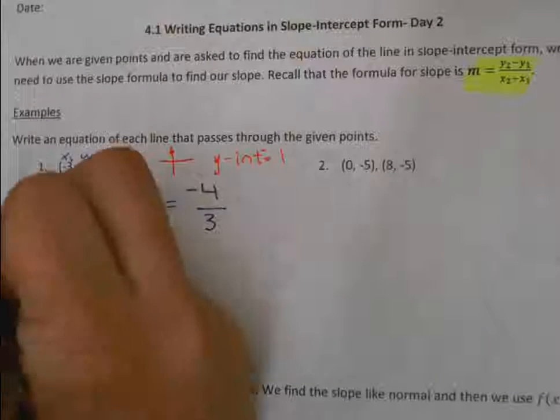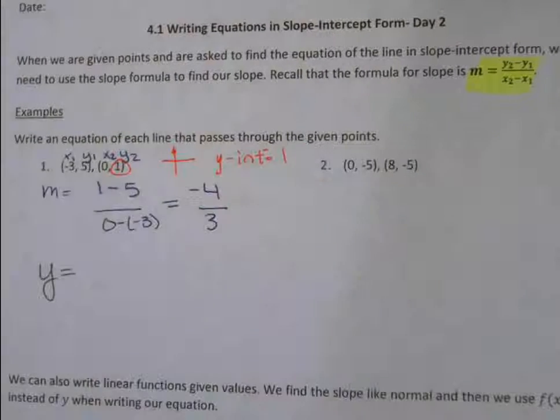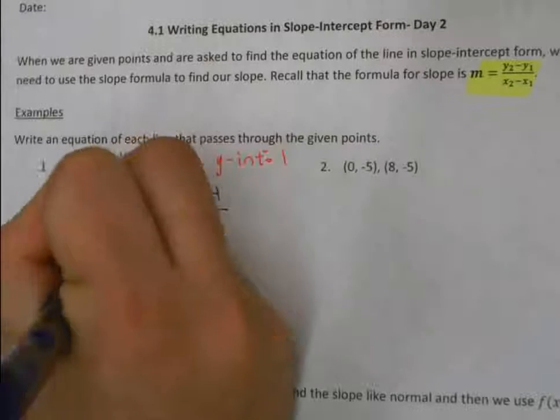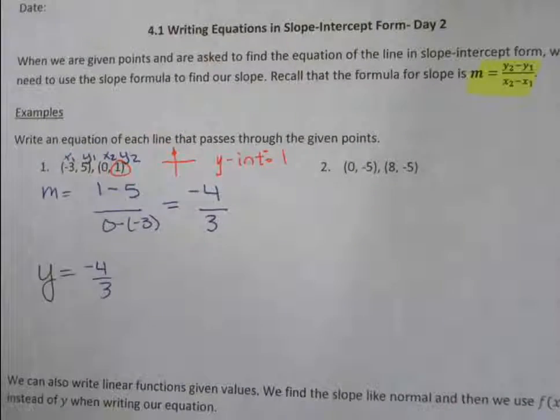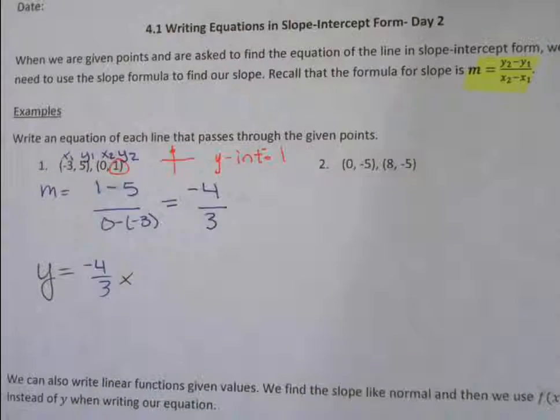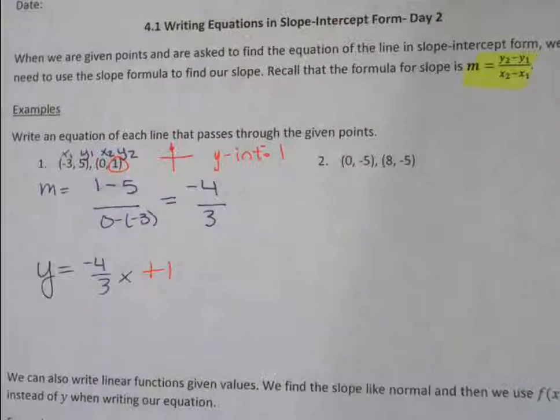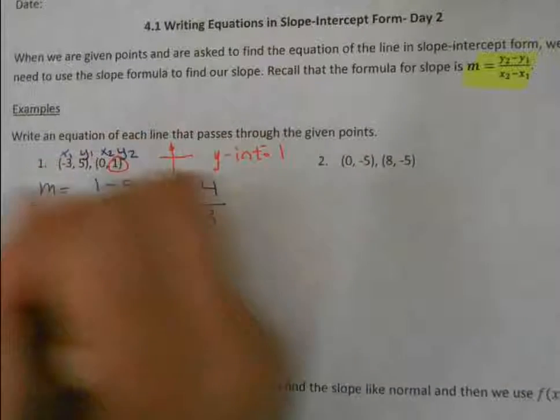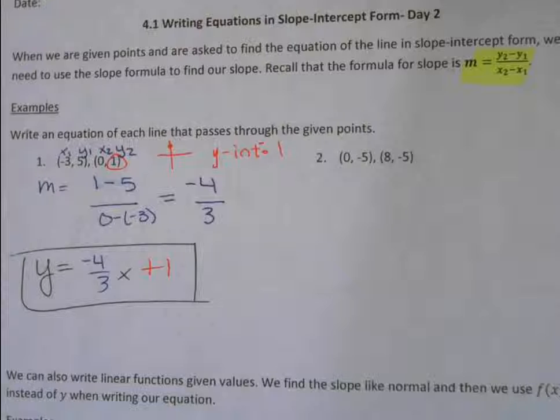So then I plug into my equation. I get y equals negative 4/3 x plus 1. Are there any questions on number 1?